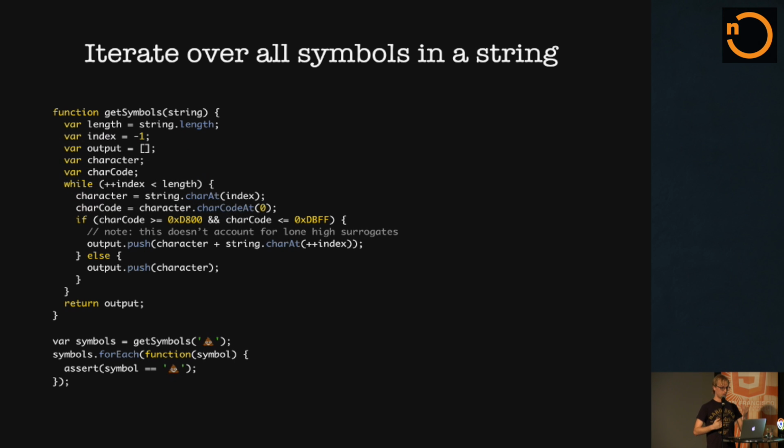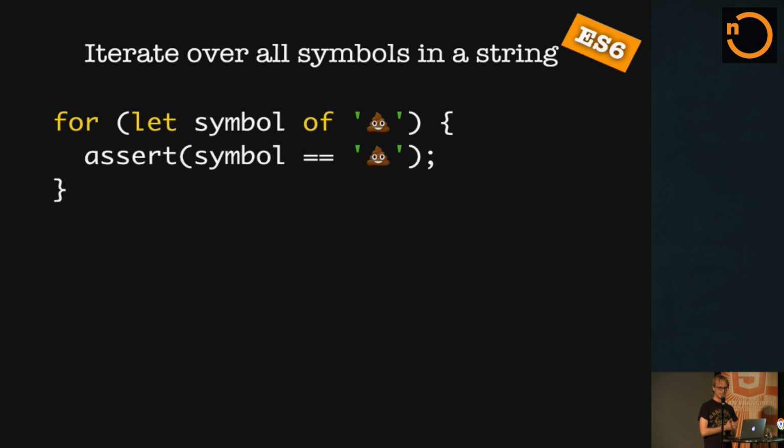You actually need more code than this, which is terrible enough already. So you need a lot of boilerplate just to account for those annoying surrogate pairs and to combine them back together into a single character. Now in ECMAScript 6, it will be much easier because you can just use the string iterator. You can use for...of to iterate over each symbol in the string, and it will automatically take care of the surrogate pairs for you. It's much cleaner.